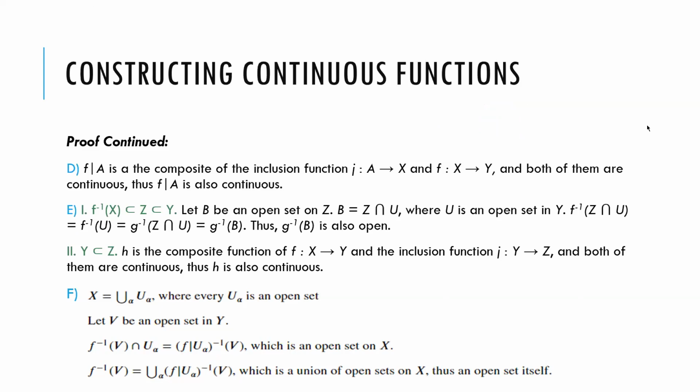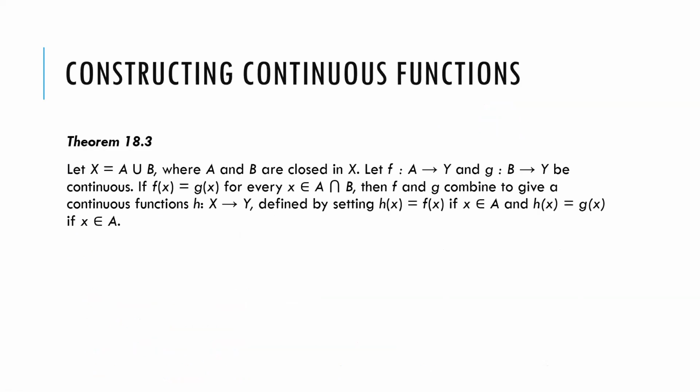And after this theorem, we have theorem 18.3, which states that if X equals the union of A and B, where A and B are both closed in X, and if F maps A into Y and G maps B into Y, and F and G are continuous, and F of x equals G of x for every x belonging to the intersection of A and B, then F and G combine to give a continuous function H, which maps X into Y, defined by setting H of x equals F of x if x belongs to A, and H of x equals G of x if x belongs to B. So this is an example.